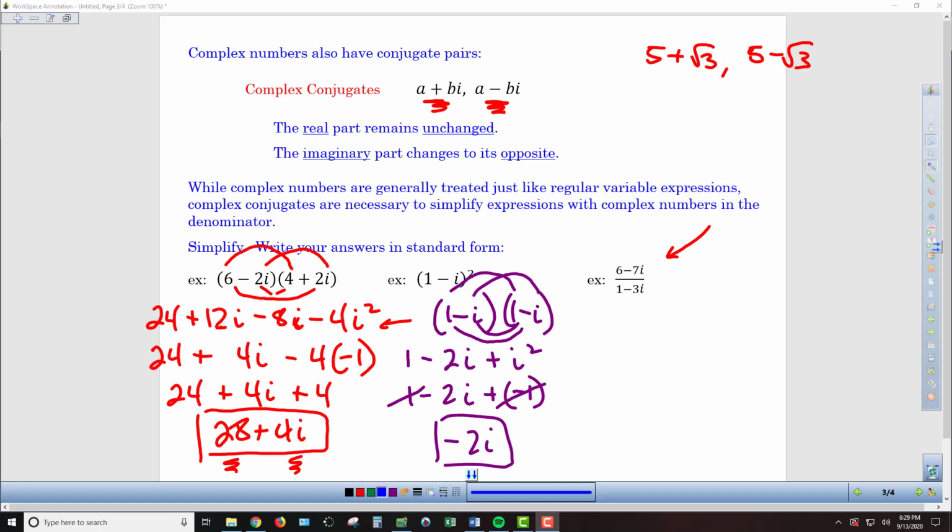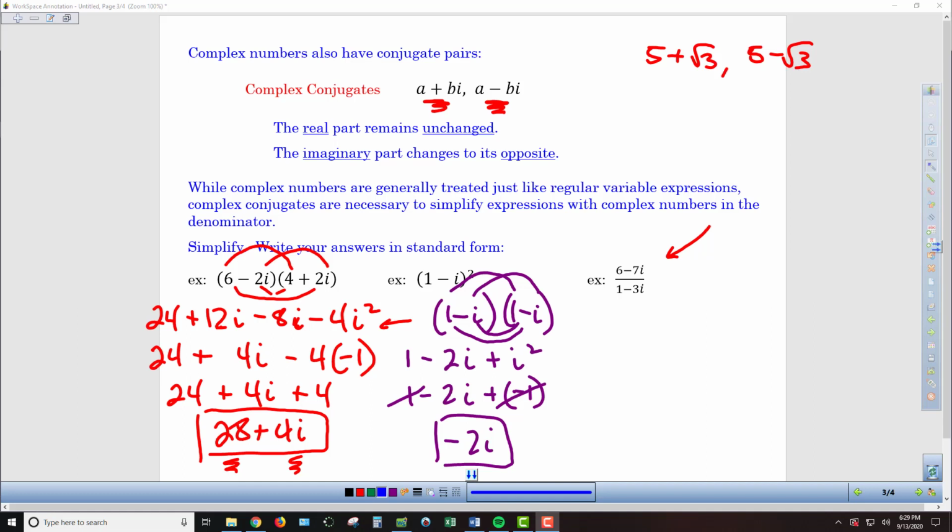The last one is where we're now going to have to use those complex conjugates. So I can't simplify this expression. We've got the 1 minus 3i is linked by subtraction, same thing in the numerator. But I can't leave an i in the denominator because that represents a square root, root -1, and we're not allowed to have square roots in the denominator of a simplified expression.